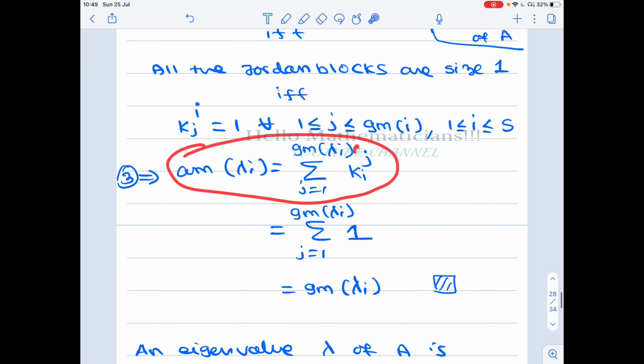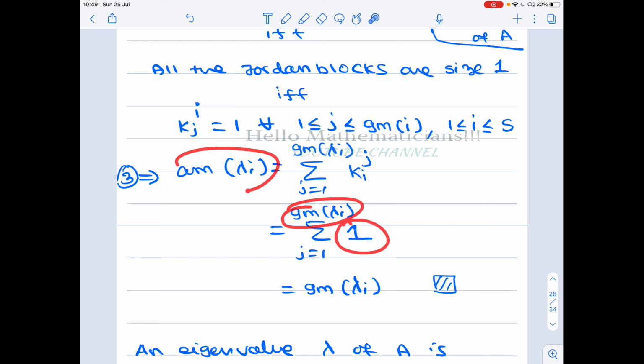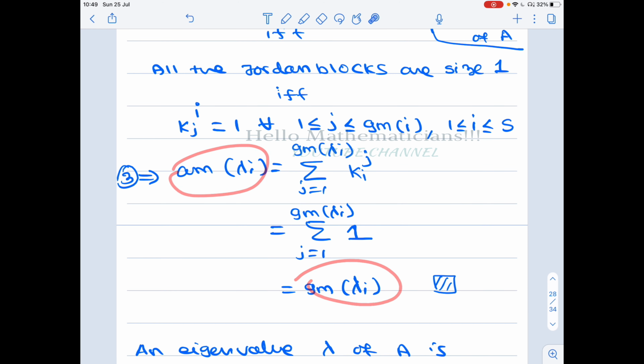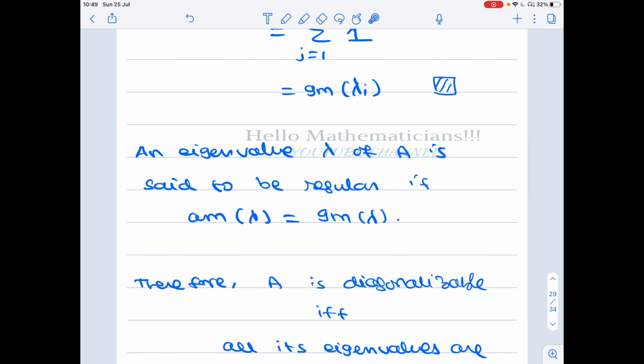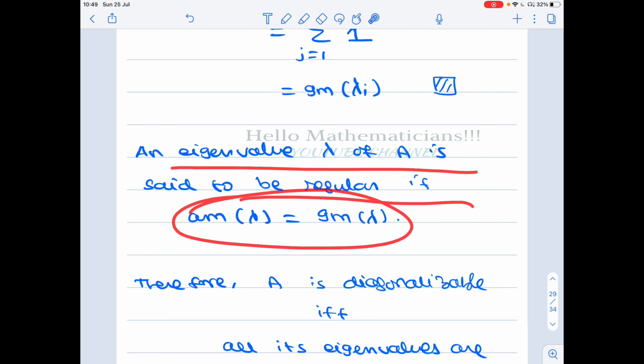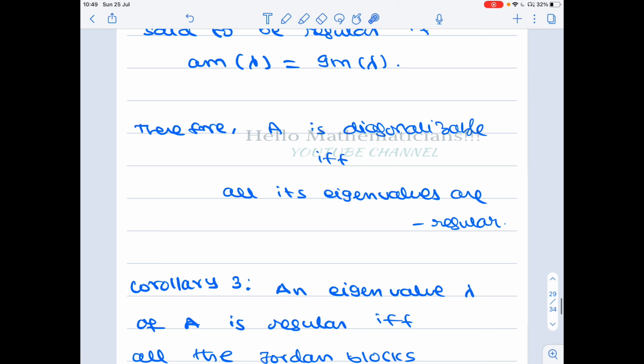So if you substitute 1 here, you will see that summing 1 this many times gives this number, which means that the algebraic multiplicity of lambda i equals the geometric multiplicity of lambda i. Okay, so let's define an important notion. An eigenvalue lambda of A is said to be regular if the algebraic multiplicity is equal to the geometric multiplicity. Therefore, A is a diagonalizable matrix if and only if all its eigenvalues are regular.